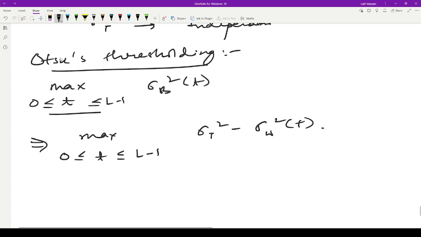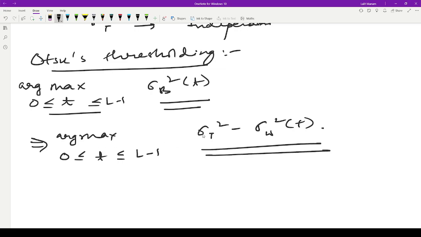I'll just rewrite it. We want the argument which maximizes the between class variance, or the argument which maximizes this quantity, total variance minus the within class variance. This leads us to the optimal threshold T star, which we'll use to binarise the image. This is the main aim of Otsu's thresholding.